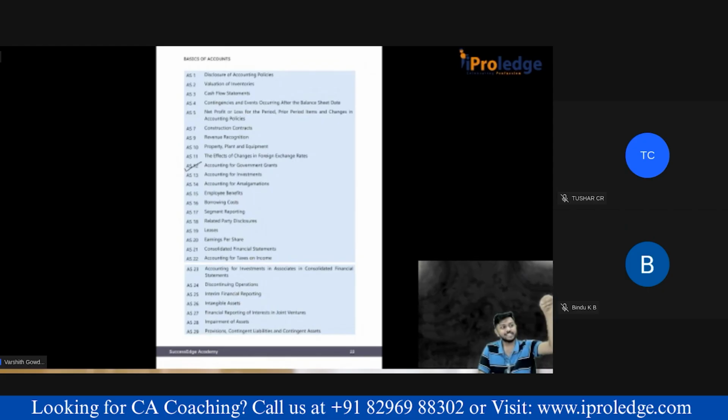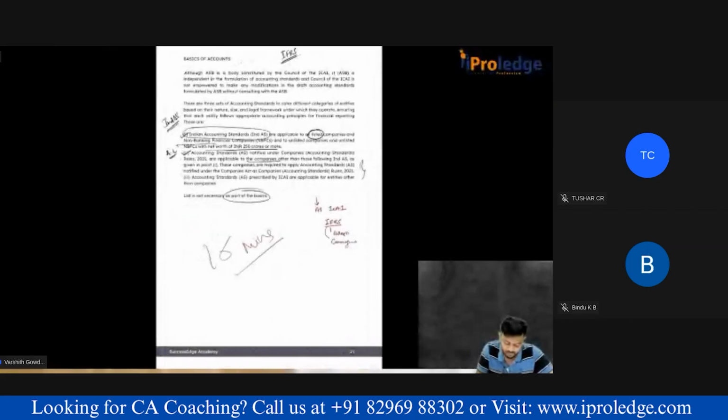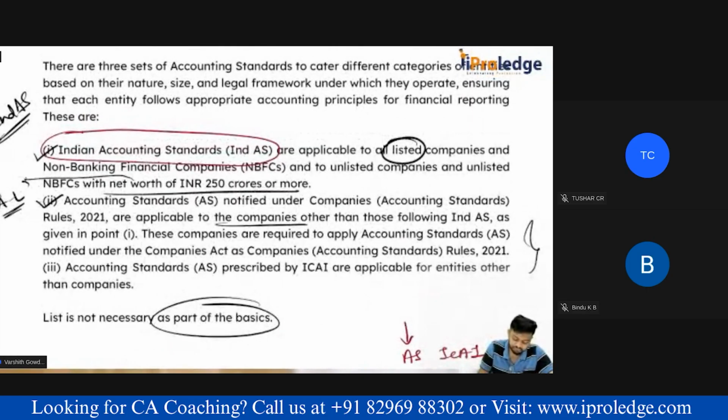If their shares are listed on the stock exchange, and you can trade their shares, buy or purchase the shares issued by the company, then it is called a listed entity. For a listed entity, Ind AS is applicable. Or if your net worth is more than 250 crores, Ind AS is applicable. AS is applicable for all the companies coming under the Companies Act. Ind AS for more than 250 crores net worth or listed companies.